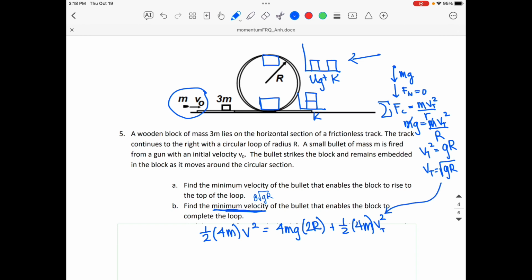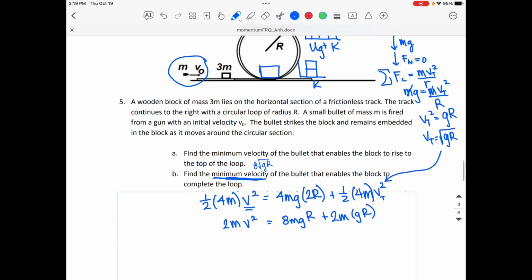Okay, now I'm going to solve for the velocity at the bottom. Here I'm going to simplify this down to 2mv squared is equal to 8mgr plus 2m, and I need v top squared, so that's just going to give me gr.